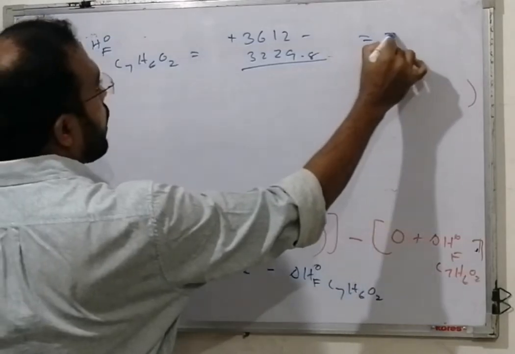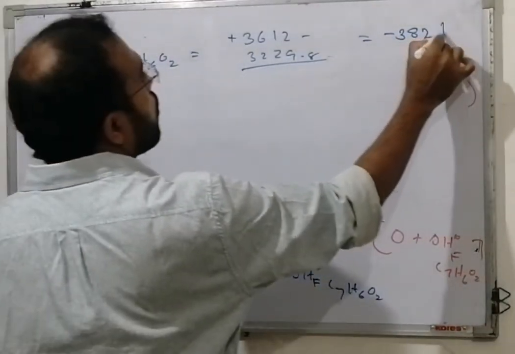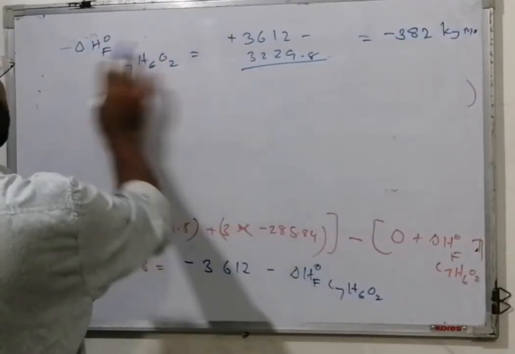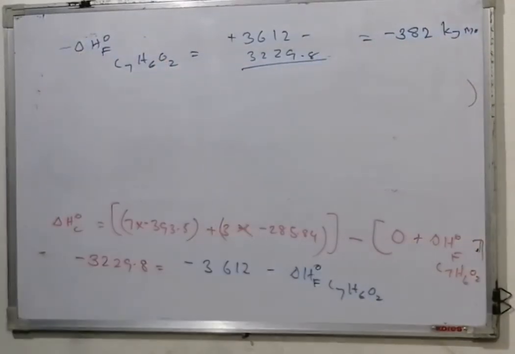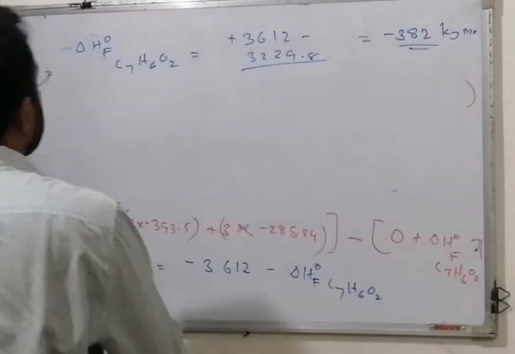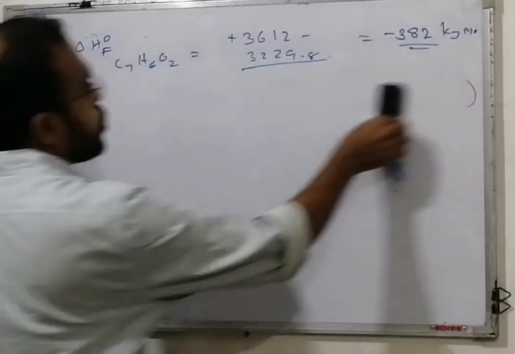Final answer is minus 382 kilojoule per mole. You will get a positive value here. When you transfer the minus there, you will get a negative value. This is delta H0 formation of C7H6O2.